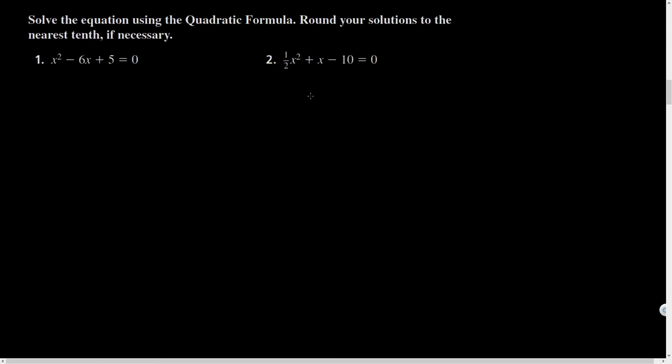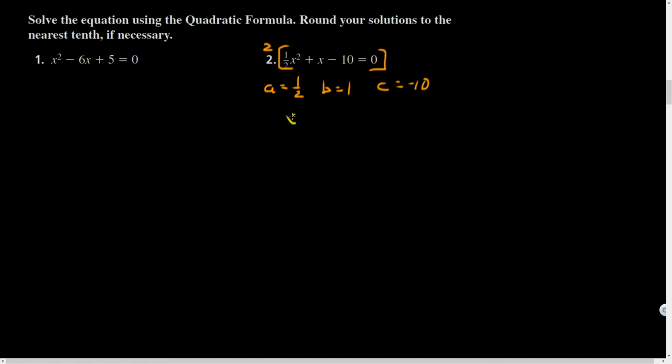Let's take a gander at this one. This one's a little ugly. I'll do the quick setup. Actually, option 1 is I could say a equals 1/2, b equals 1, c equals -10. But watch this trick. Let me just get rid of the fraction by multiplying everybody by 2.